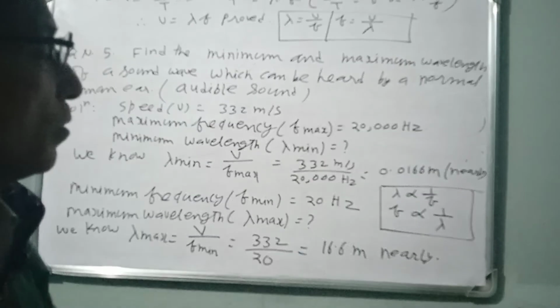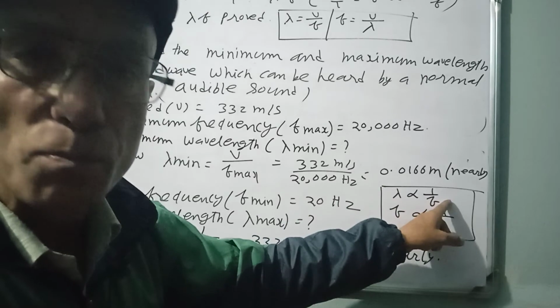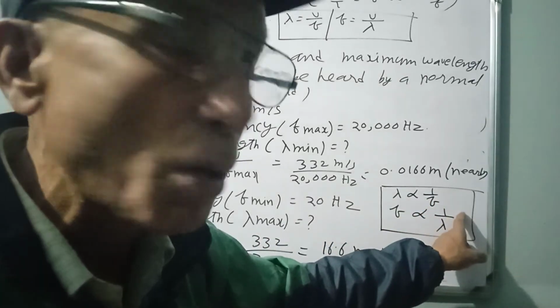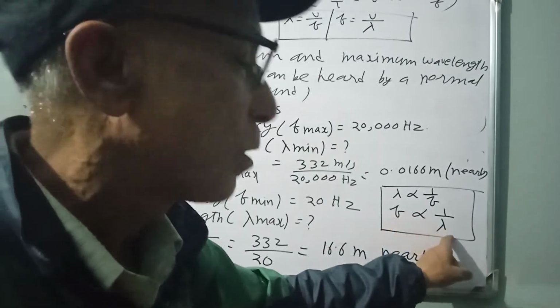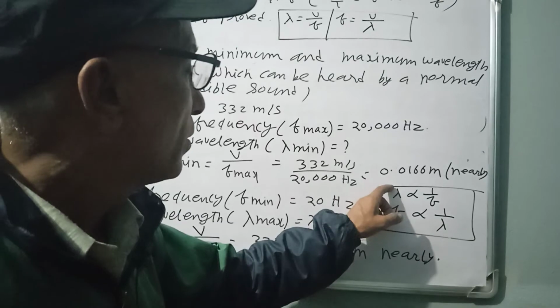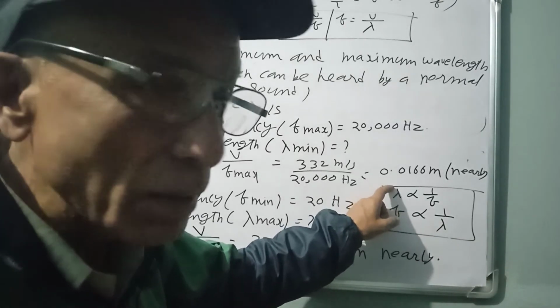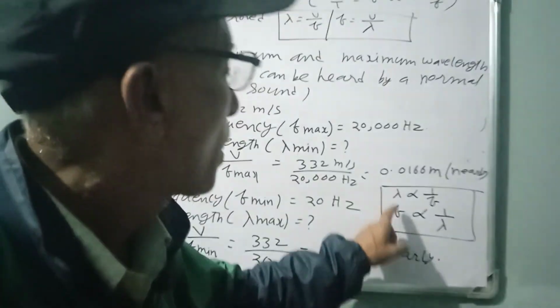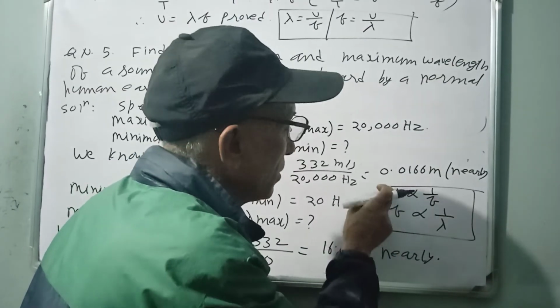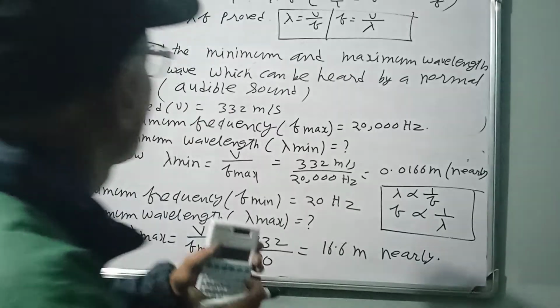Wavelength is inversely proportional to frequency if the speed of sound is constant. When wavelength increases, frequency decreases, and vice versa. But the product is the same.